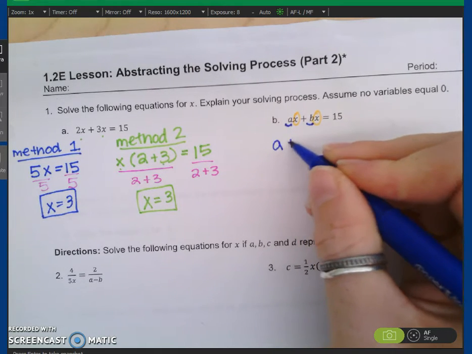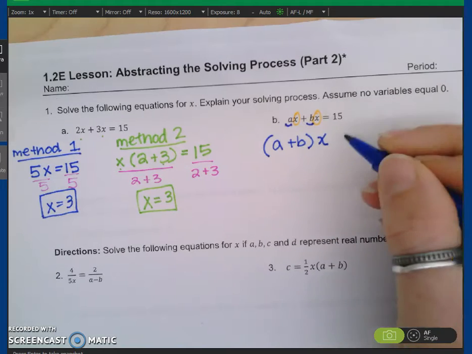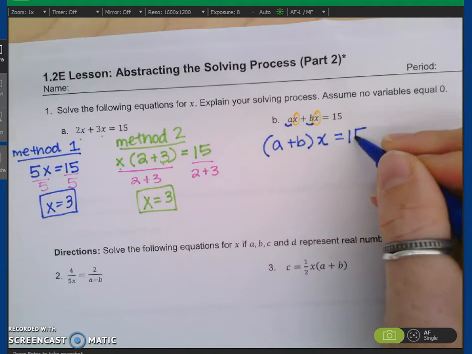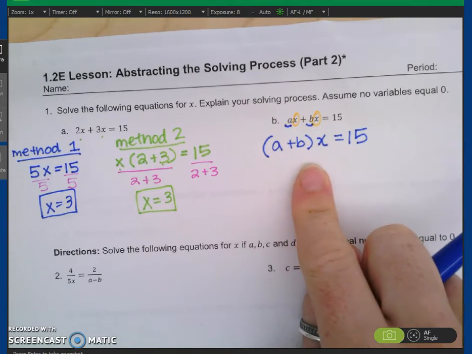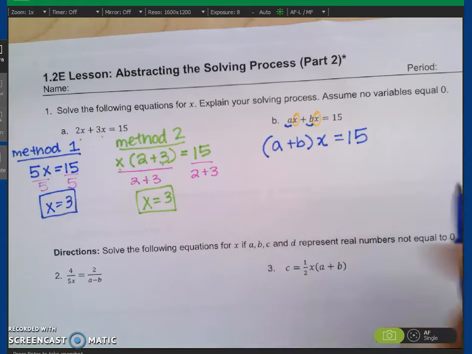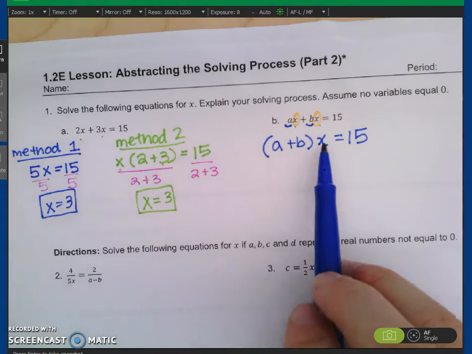So that would be a plus b all times x equals 15. Notice method 1 and method 2 are the same in this instance because we can also look at this as we're factoring out the common factor of x.